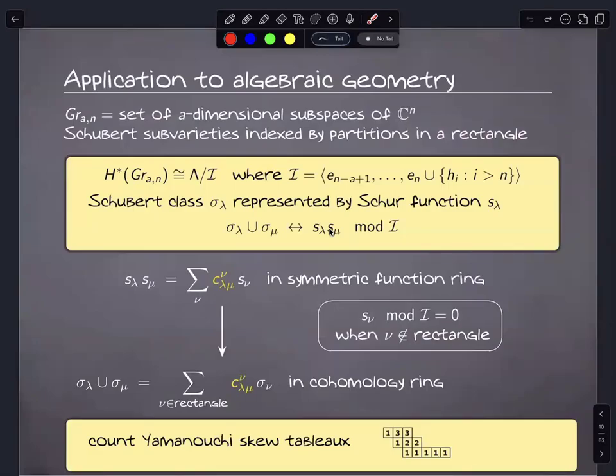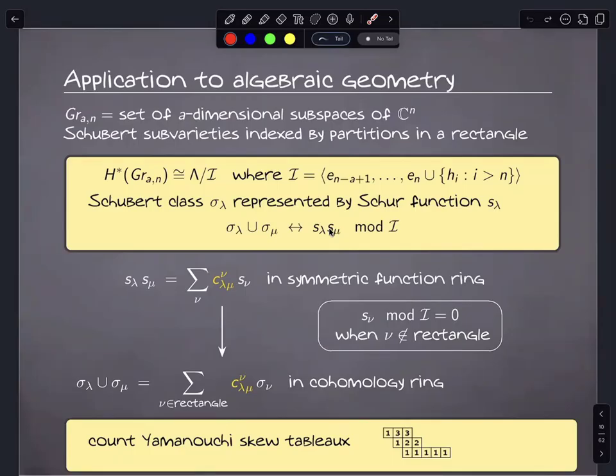Now, something I don't have to spend much time on is the third example. We have combinatorics, we have representation theory, and then we have Schubert calculus and the Grassmannian variety. Now you want to understand how to take intersections of Schubert subvarieties, and each one is indexed by a partition in a rectangle.